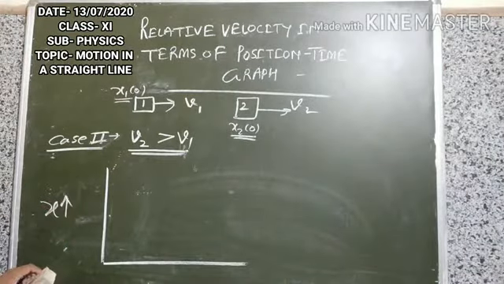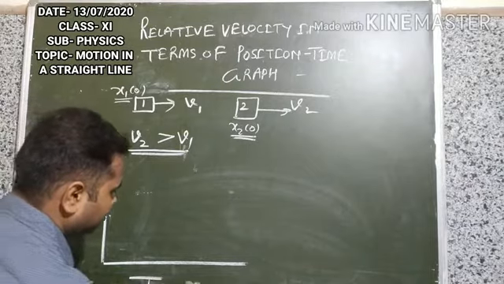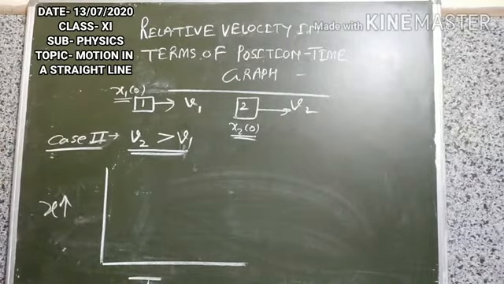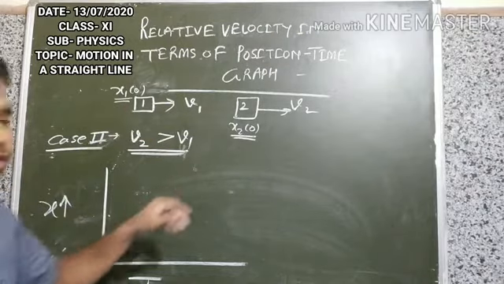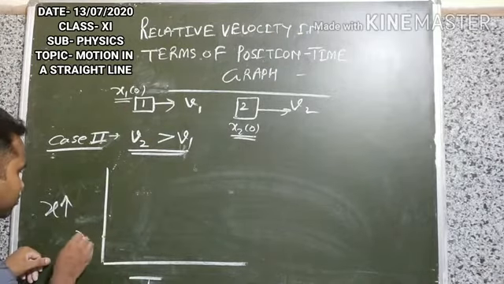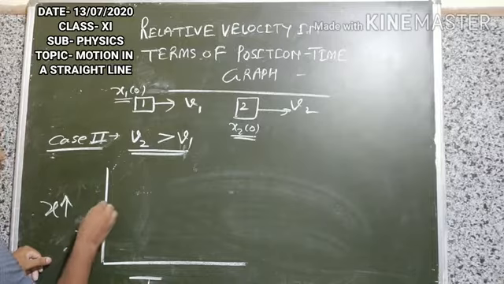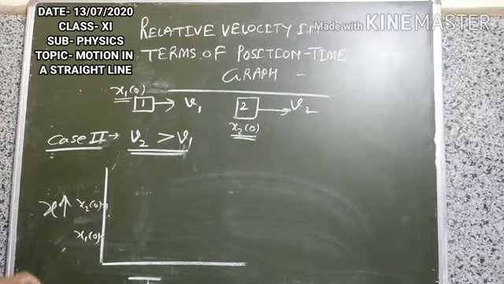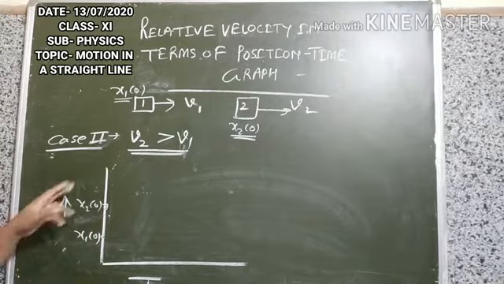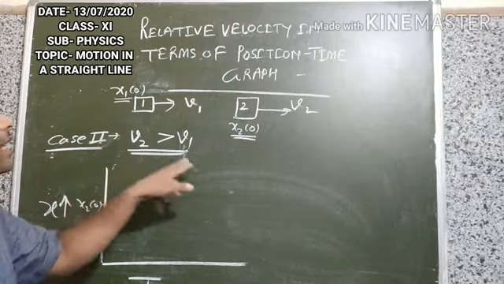Position along y and time along x. Again, the initial coordinates are x10 and x20. Suppose this is x10, this is x20, the initial coordinates of object 1 and object 2. And see here, v2 is greater than v1.